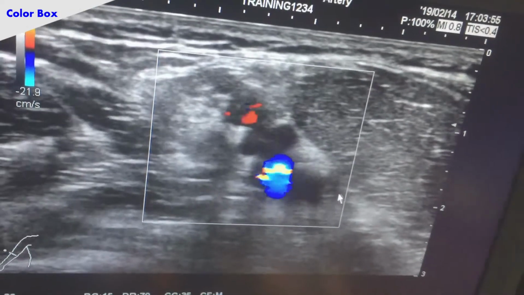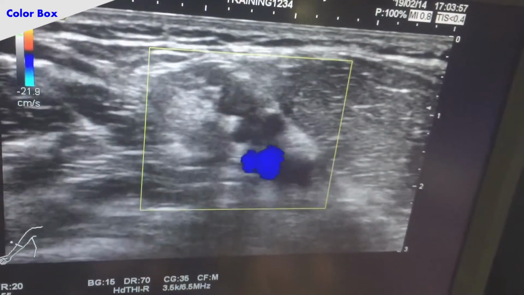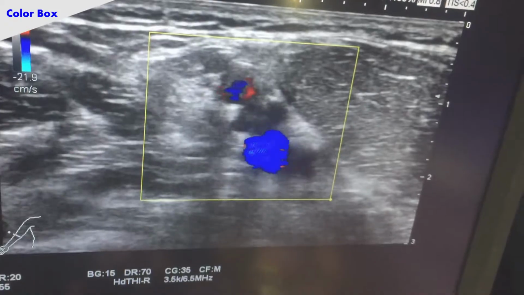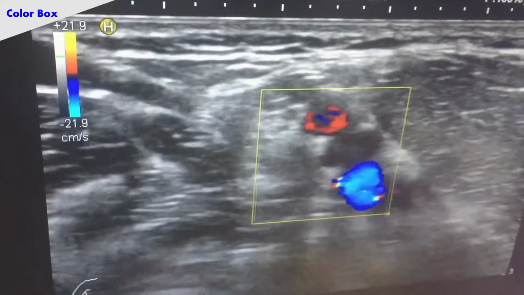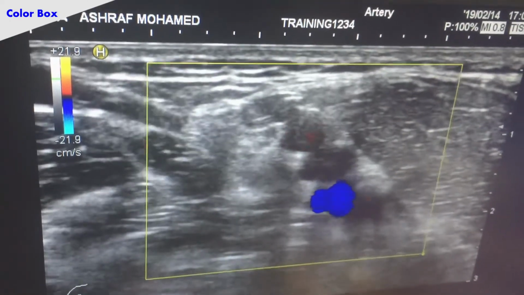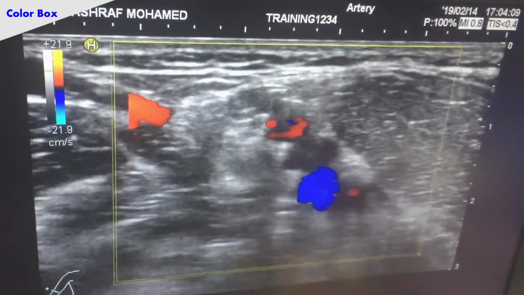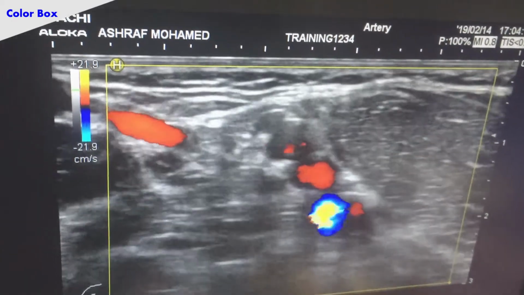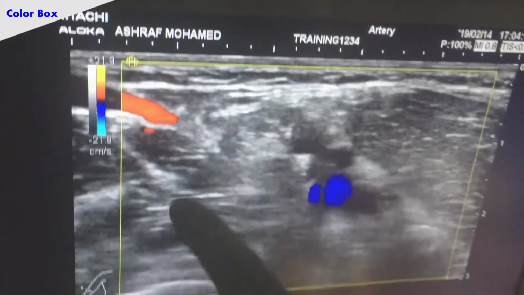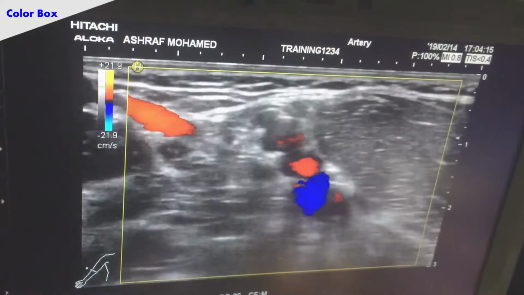What is this? This is the color box. It can be smaller, it can be wider. But if you make it wider, look at the resolution of that image.